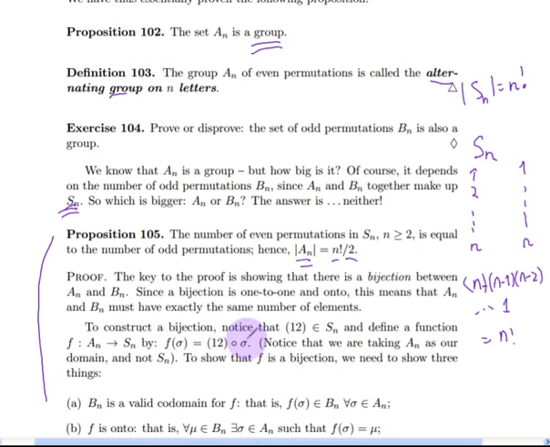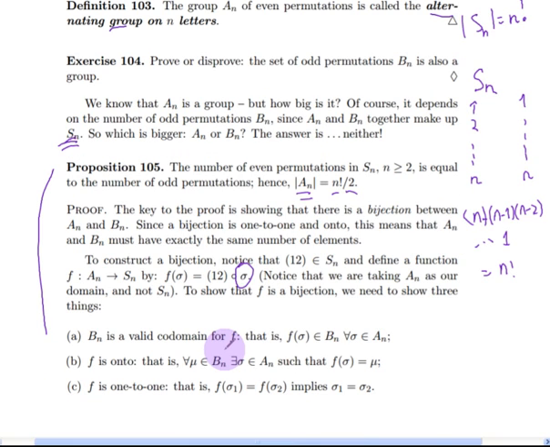Okay, and here's the bijection. I'll take any even permutation and compose it on the left with this 2-cycle, with this transposition (1 2). Now, if you can show this is a bijection, then that means the domain has the same number of elements as the codomain.